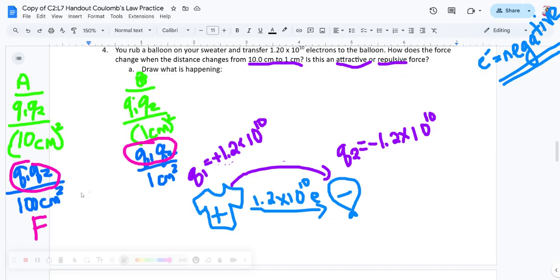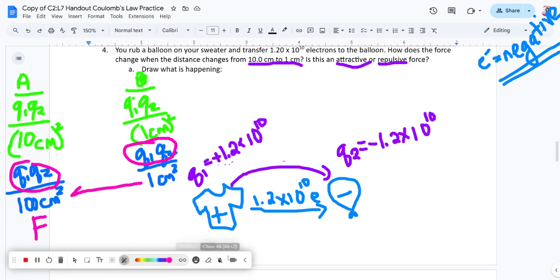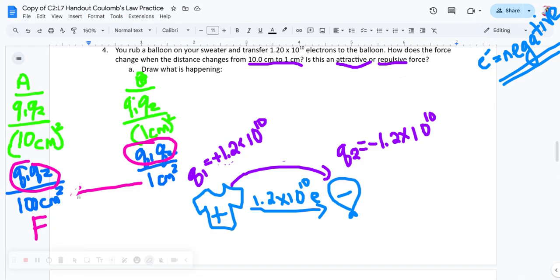So to get from 100 to 1, this is 100 times smaller, right? Which seems really confusing, but we're dividing by a much smaller number, which means that this force, our original force, is 100 times smaller than our new force.